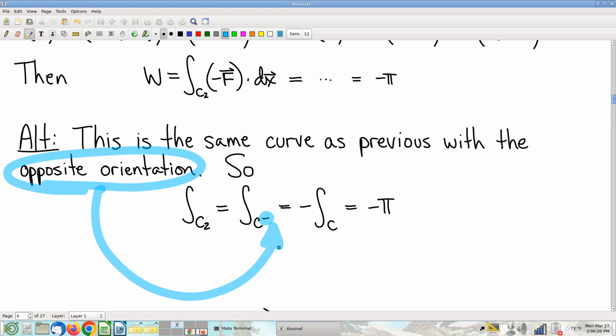That's the only difference. And opposite directions just give us a minus sign. We already know the answer for going the counterclockwise direction. The answer is pi, and so minus pi.